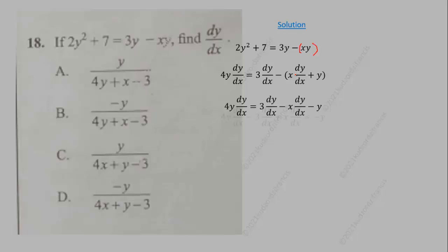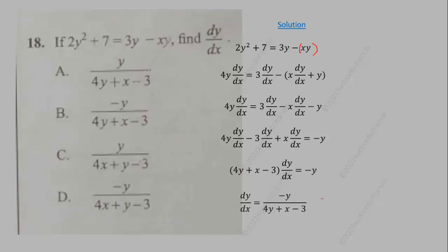We now group all the terms containing dy/dx on the left hand side. So we can now factor dy/dx on the left hand side to get this. Now we just divide through by 4y plus x minus 3, and that will give us the answer to be negative y over 4y plus x minus 3.